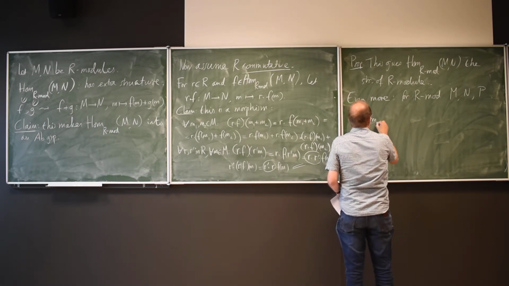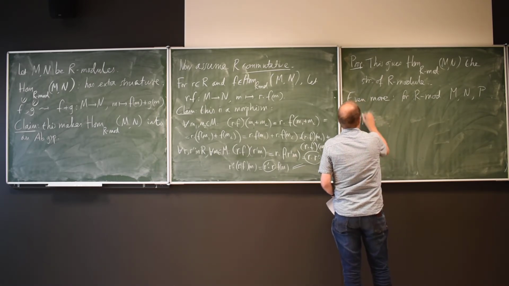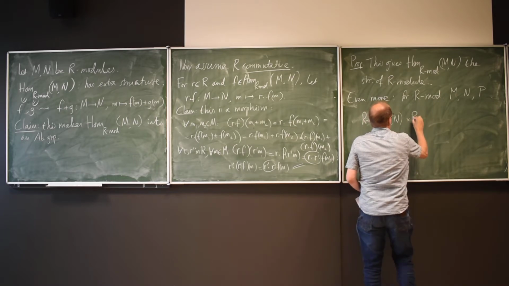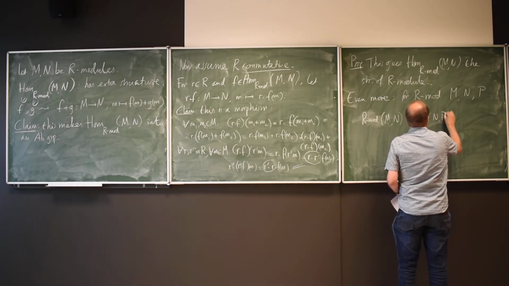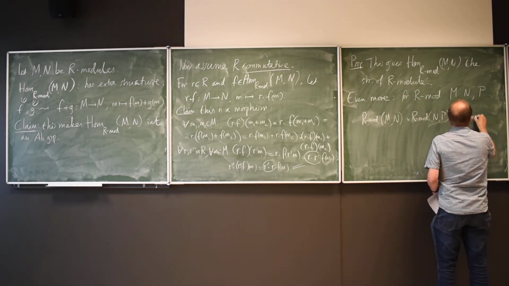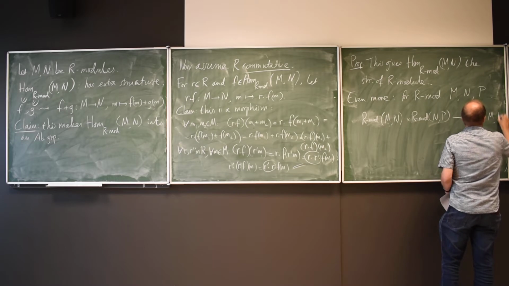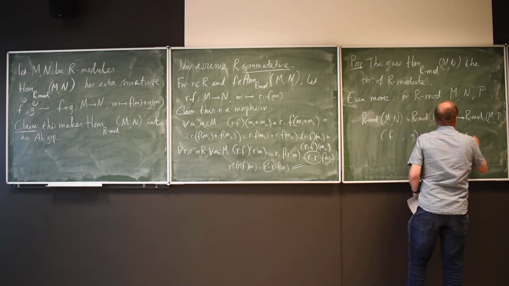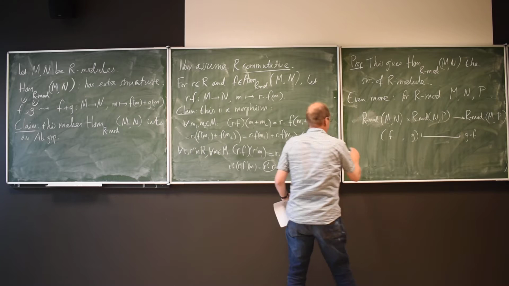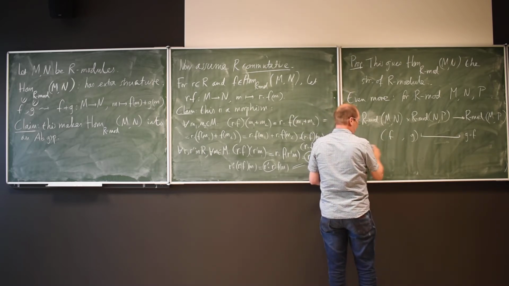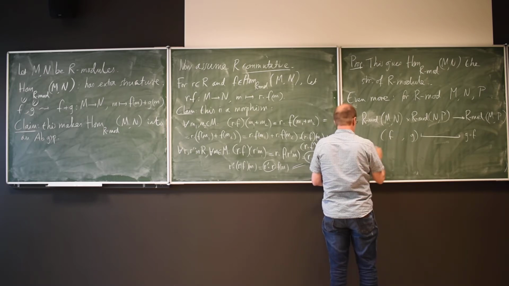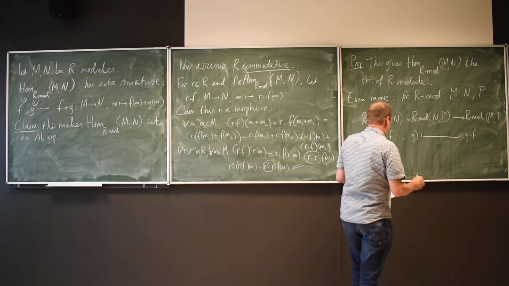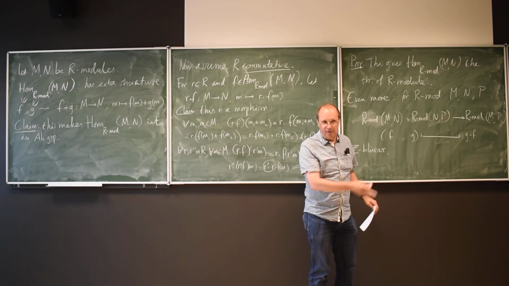We can take Hom in R-Mod of M, N times Hom in R-Mod of N, P goes to Hom in R-Mod of M, P by sending F, G to G composed F. And the claim is that this composition map is Z bilinear, by which I mean that if you fix one of the variables, it is additive in the other one.